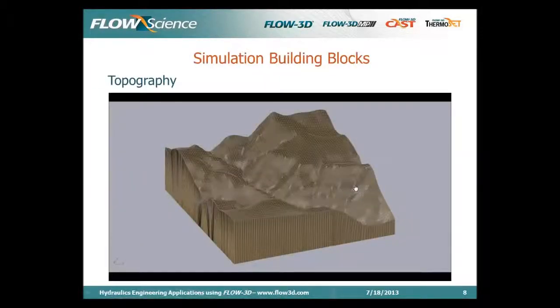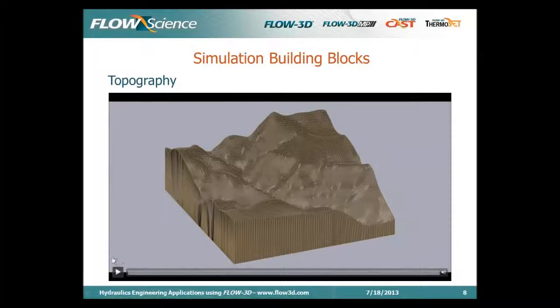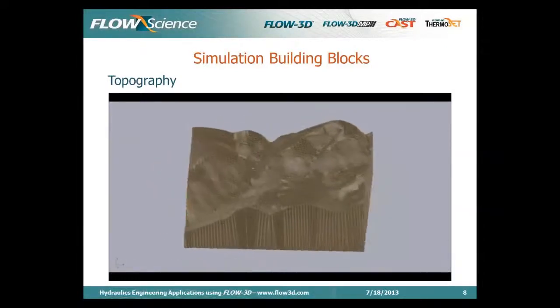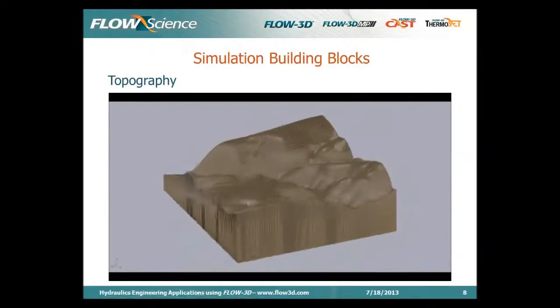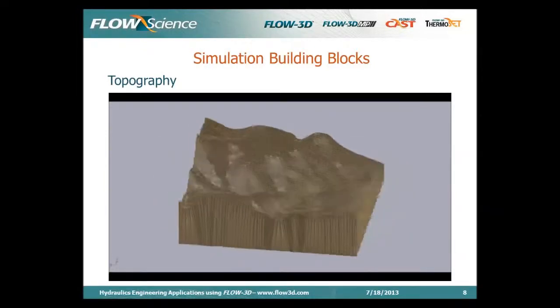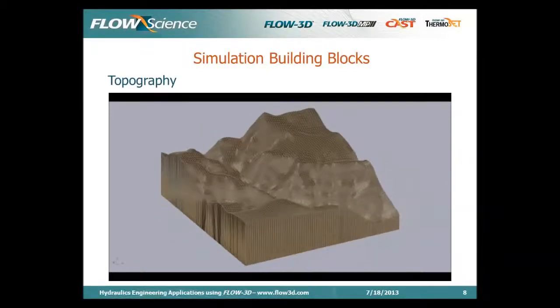Okay, so this said, what do these building blocks look like? For the upcoming example that I'll show you in a minute, the data comes from the US Geological Survey National Database. In general, when you think about what resolution is required for your topography, it's good practice to put that in the context of your computational grid size.